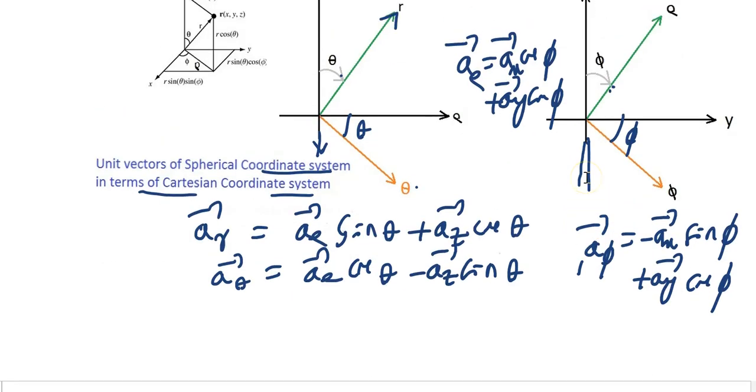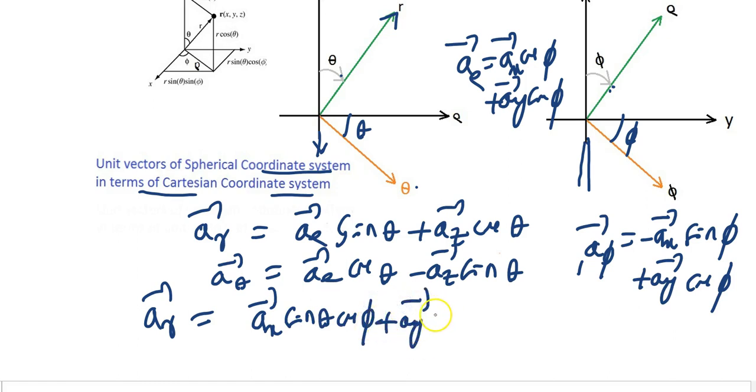Now put these two values here, so you can find AR is the ax sin theta cos phi plus ay sin theta sin phi plus az cos theta.